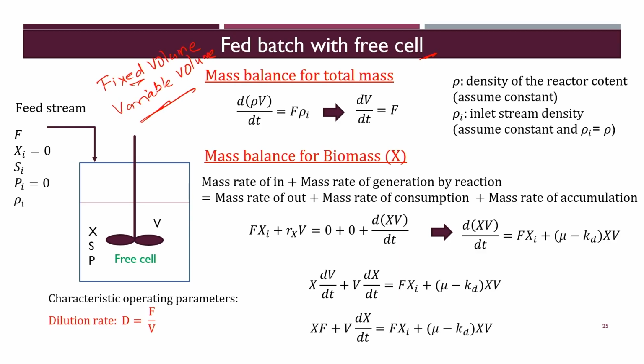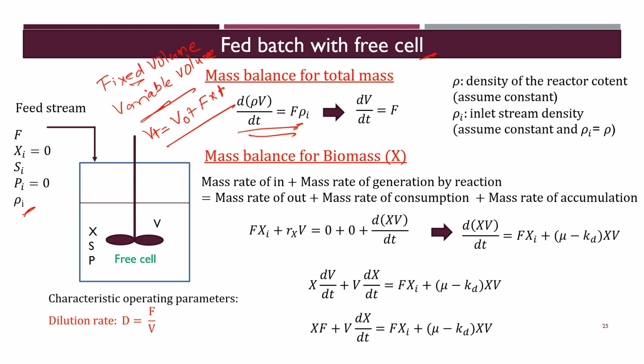For variable volume, let us say Vt will be your volume, initial volume was V naught, flow rate is F and time t. So, the total volume Vt is V naught, the initial volume, plus flow rate into time. Now, when we do the overall mass balance, it says d(rho V)/dt is equal to F into rho I. Rho I means density of inlet and rho is the density of the culture.